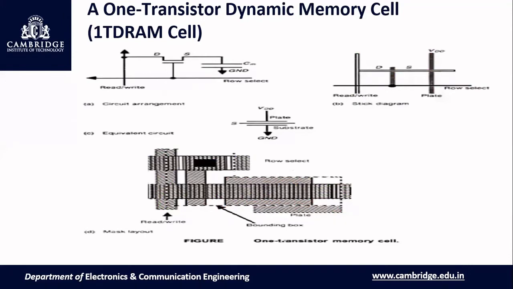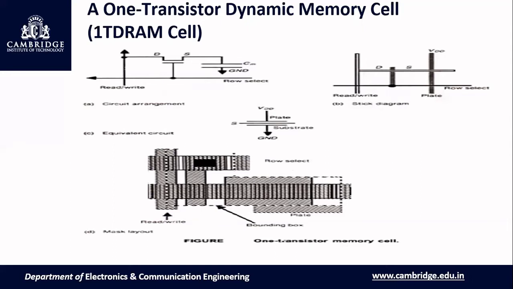So once the stick diagram and the layout diagram are drawn, we'll have to analyze this memory. What analysis will we do? We'll have to consider three factors. What is that?